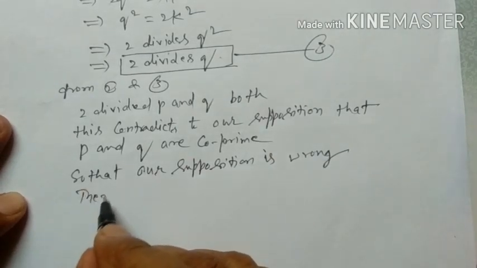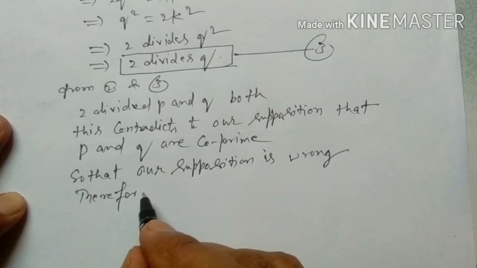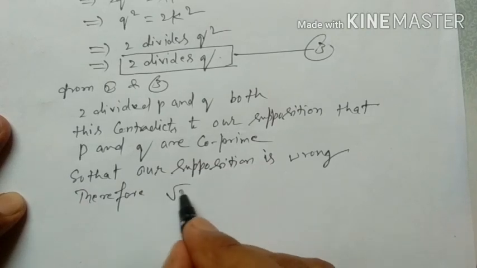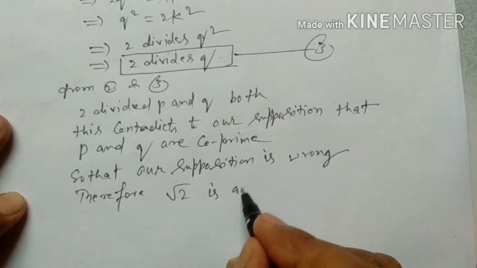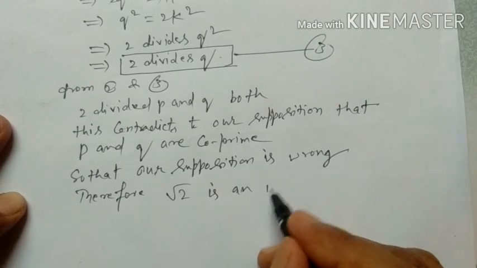Therefore under root 2 is an irrational number.